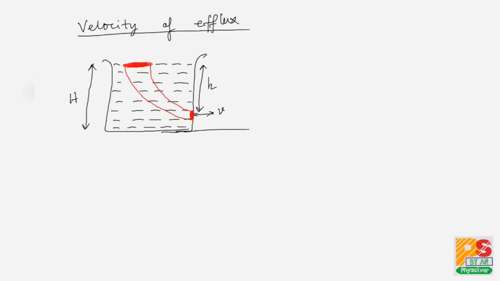Therefore, suppose this is cross section 1 and this is cross section 2. For cross section 1, let us write the energies. Kinetic energy is half into rho into 0 square. Now, why 0 square?